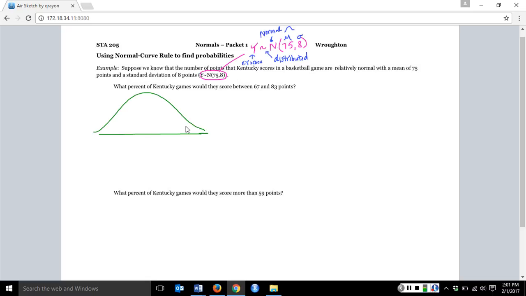And I'm going to sort of draw the picture we had last time, but now with the actual numbers involved. So our mean, which is what goes in the center here, is 75. And our standard deviation is 8. So each time I go to the left here, I'm going to subtract 8. So if I take 75 minus 8, I'm going to get my 67. 67 minus 8 will get me 59.